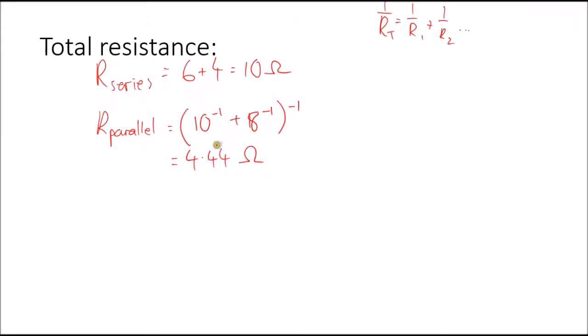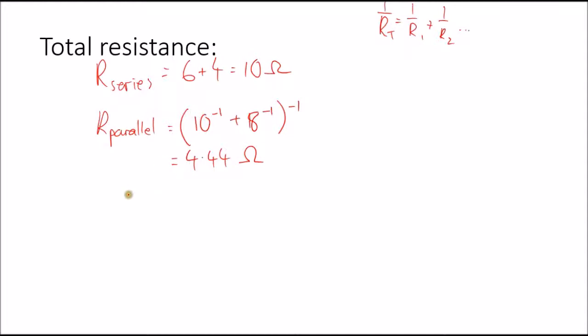When you're doing calculations like this, do it to say 2 or 3 decimal places. You're going to round it off later to 1 or 2 significant figures. So if you're doing it to an extra couple of digits, then your answer won't have any rounding errors in it. Okay, so we've got our parallel part of the circuit now.